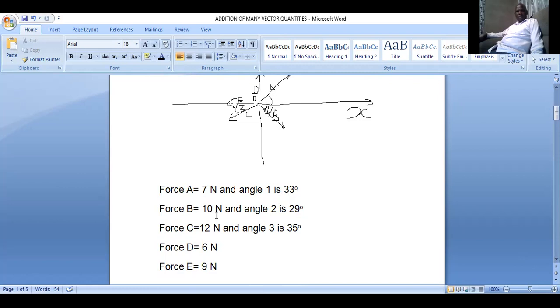Force B is 10 newtons, with an angle of 29 degrees. Force C is 12 newtons, with an angle of 35 degrees. Force D is along the y-axis and is 6 newtons. Force E is 9 newtons along the negative x-axis.